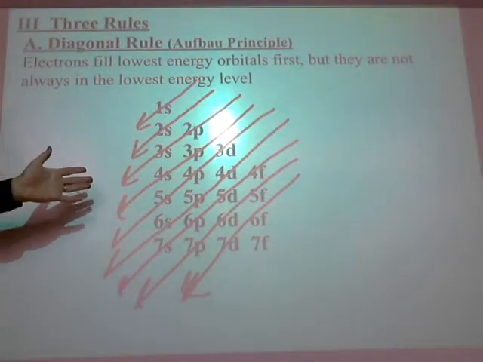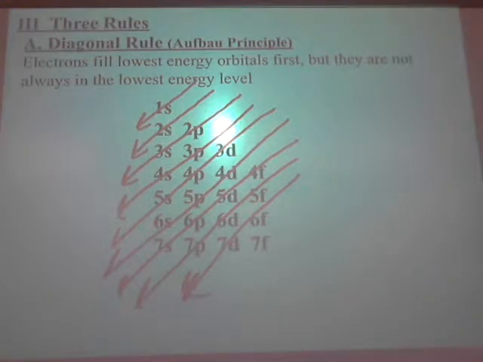And once you've drawn that, you no longer need this summary chart over here. It's completely useless to us, because the diagonal rule tells me the real order they fill in.